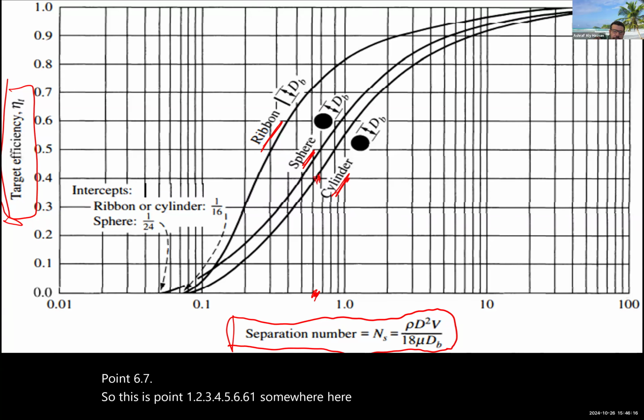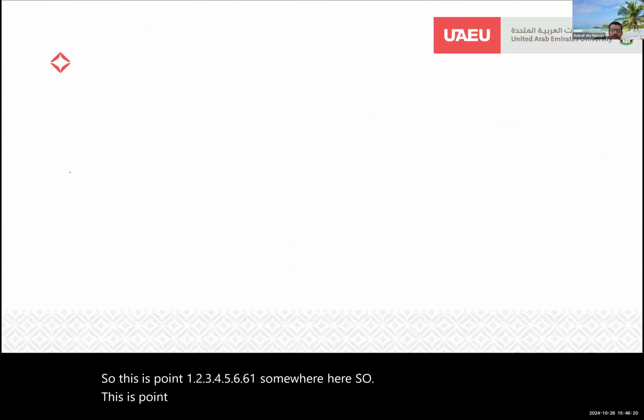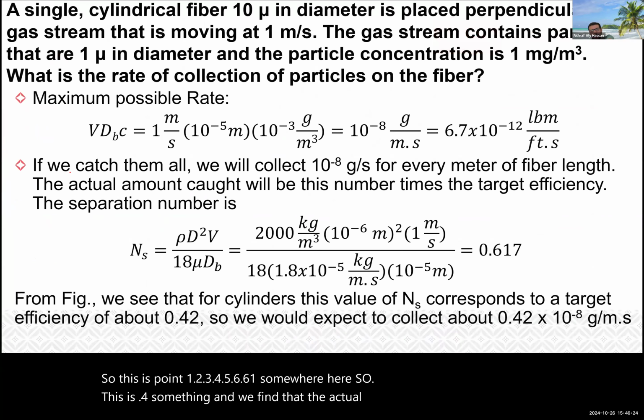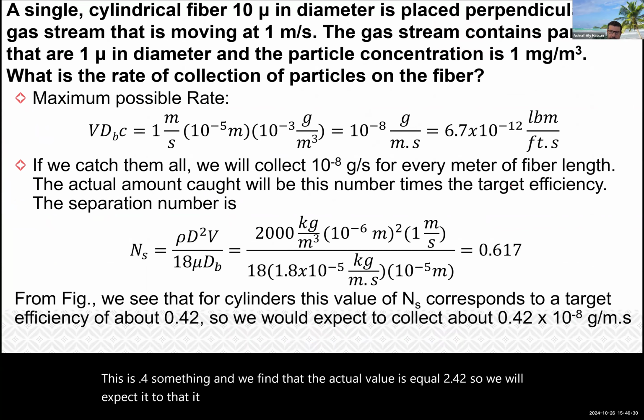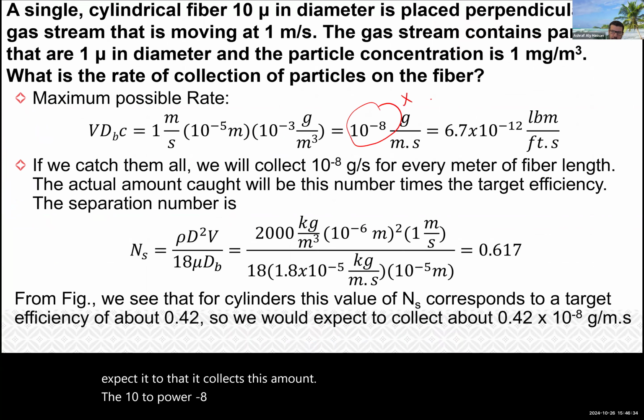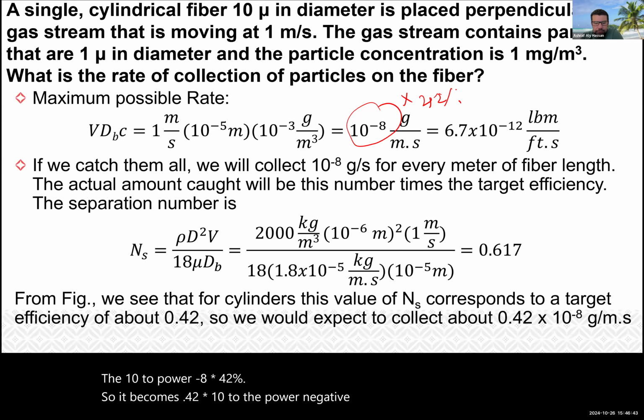So this is 0.4 something, and we'll find that the actual value is equal to 0.42. So we expect that it collects 10 to the power negative 8 times 42%. So it becomes 0.42 times 10 to the power negative 8 gram per meter second.